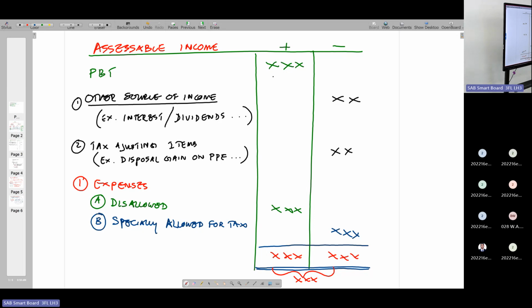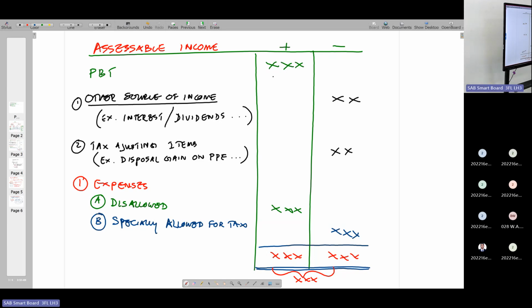So we are using the profit before tax as it is. Thereafter, for the income side, there may be other sources of income, so then I have to separate those. Other source of income means investment or any other source. And also there may be items that need to be considered for tax purposes, so I do that adjustment, right?